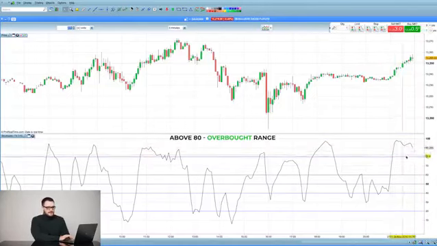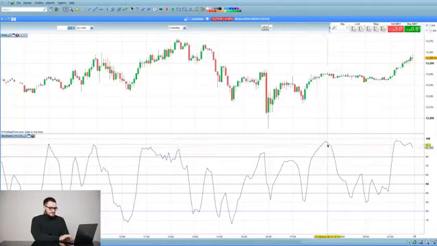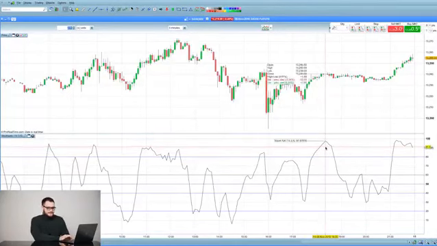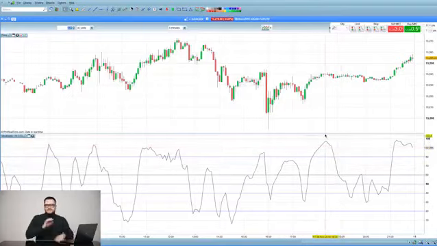So when the stochastic is above 80, that means that the market is overbought and we can expect it to move down. In theory, this is just theory on stochastic. Later, I will be teaching you how to actually use it for making money.